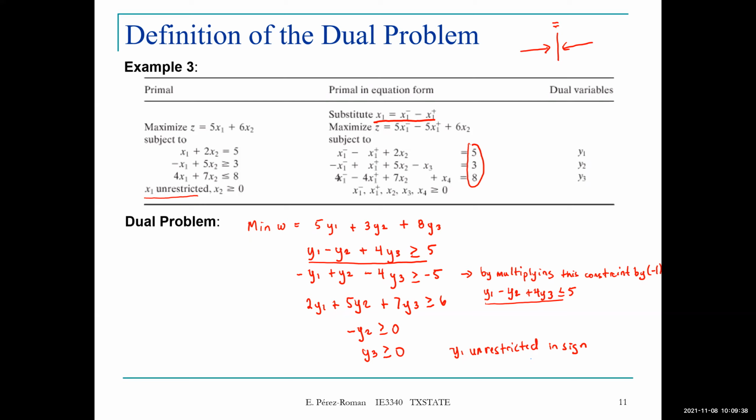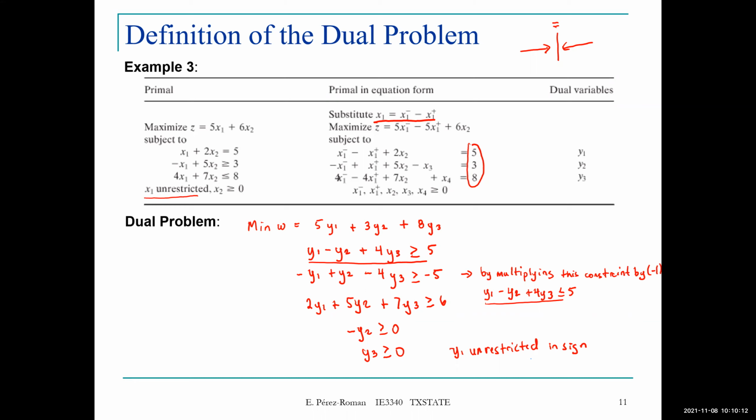So if we understand that, we can substitute these two constraints by one constraint with the same coefficients, but instead of one constraint greater or equal to 5 and one less than or equal to 5, you will have only one constraint equal to 5, because that's the only point at which these two constraints are able to meet.